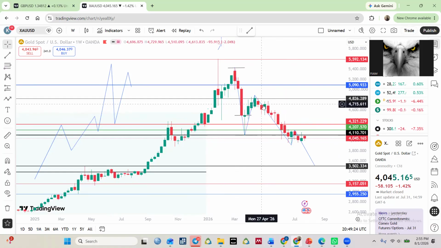There's this one green candle here. Are you seeing this green candle? Yes. But the next candle became red, which means it has invalidated or disrupted this green candle.